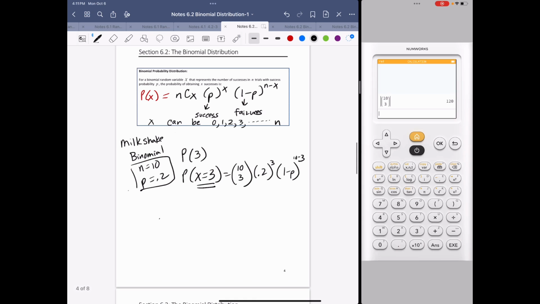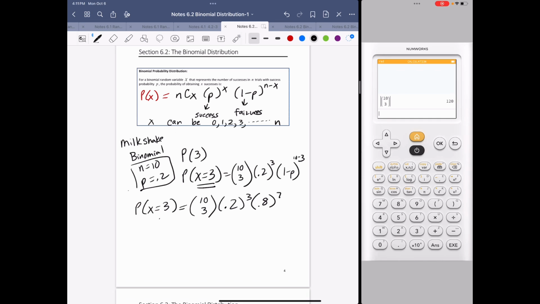You can take shortcuts doing that too. You don't have to write out as much as I did. But here's what I want. I want 10 choose 3, times 0.2 cubed, times 1 minus p. I could have written 0.2 there, but I'm going to just do it. 1 minus 0.2 is 0.8 to the 7th.